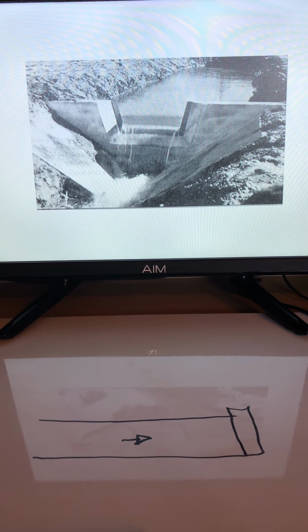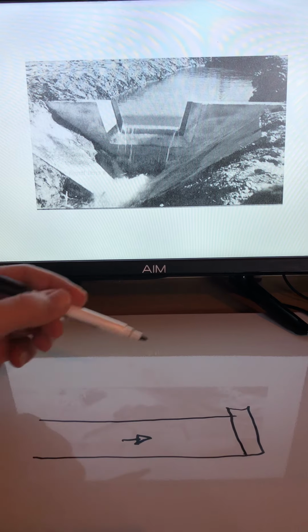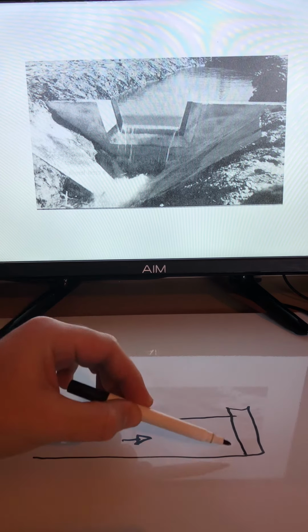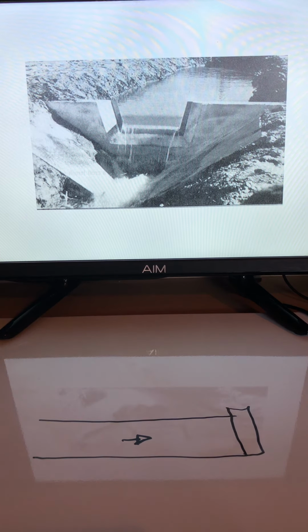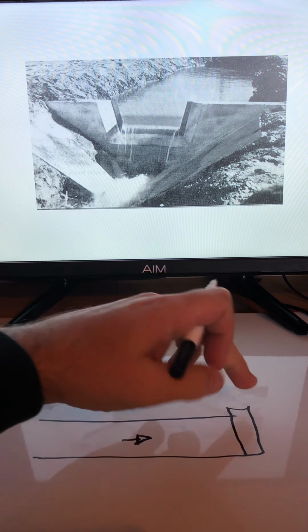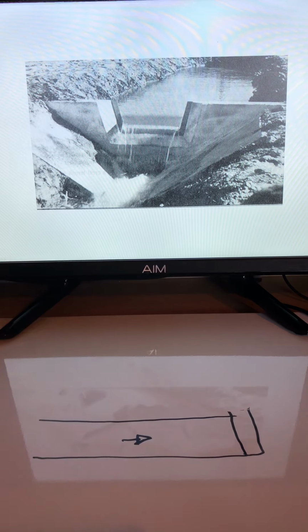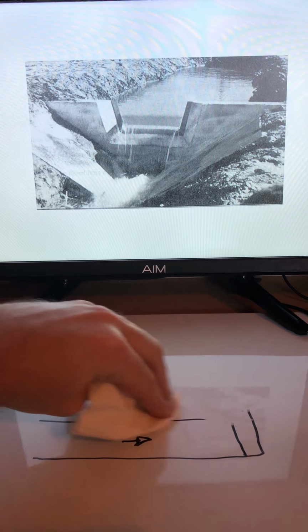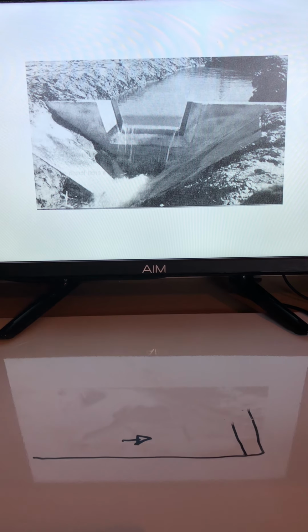The water continues to move, and because of that, the level of your water rises.